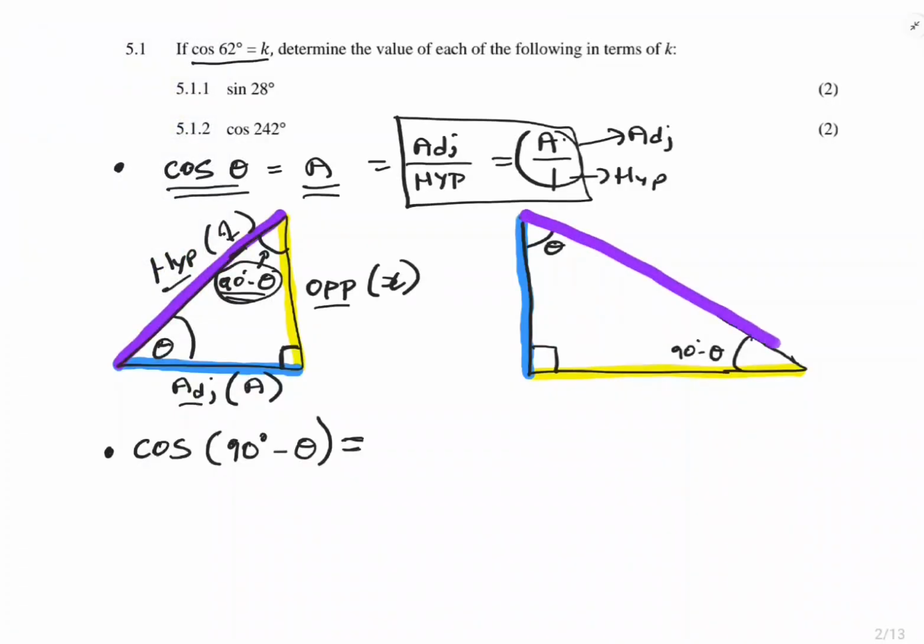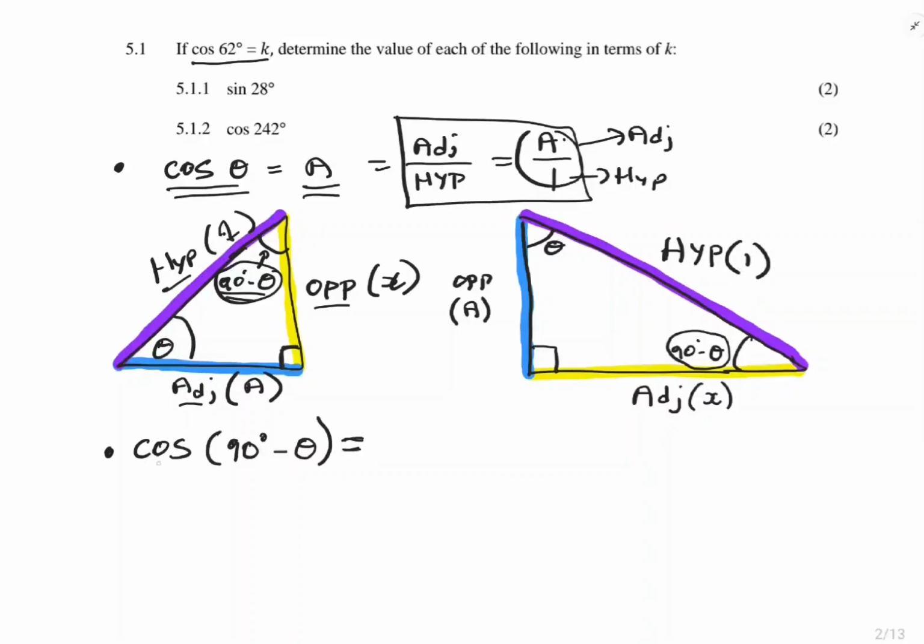So from the previous sketch, when we're looking from this particular angle, the opposite now changes to be our adjacent, so it's x here. And our adjacent changes to be the opposite, which is now a. And our hypotenuse remains the same, which is 1.